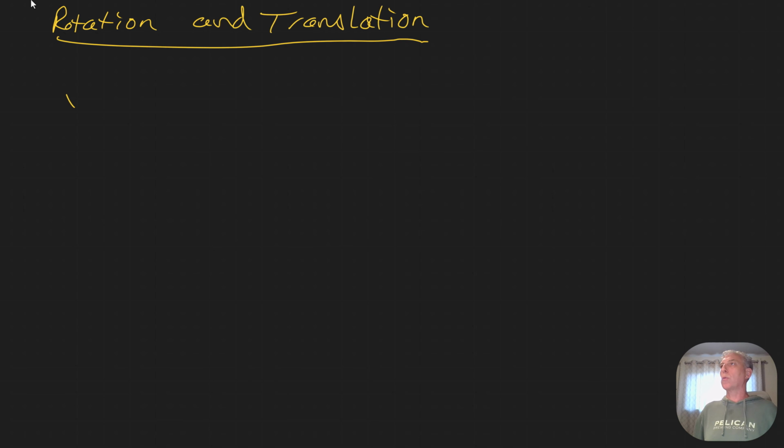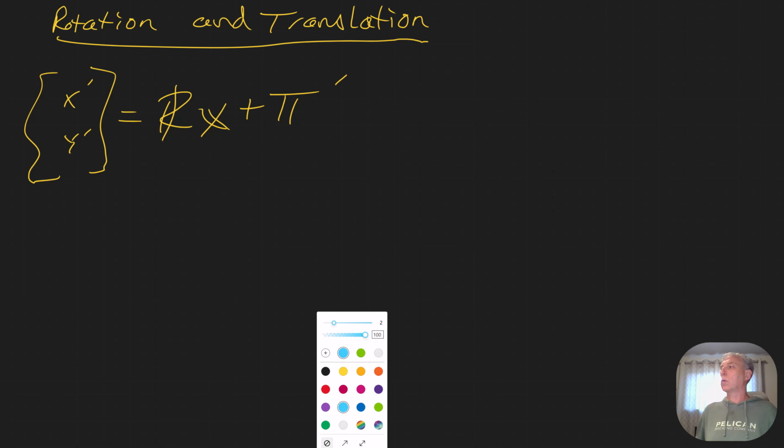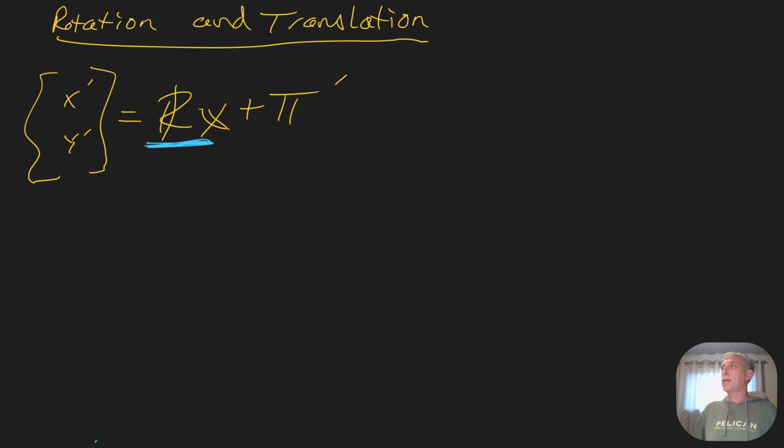And remember, we're always trying to get these new coordinates. From our rotation, that is our rotation matrix times our xy matrix. Now all we do is add our t prime matrix. So we rotate and then we translate.